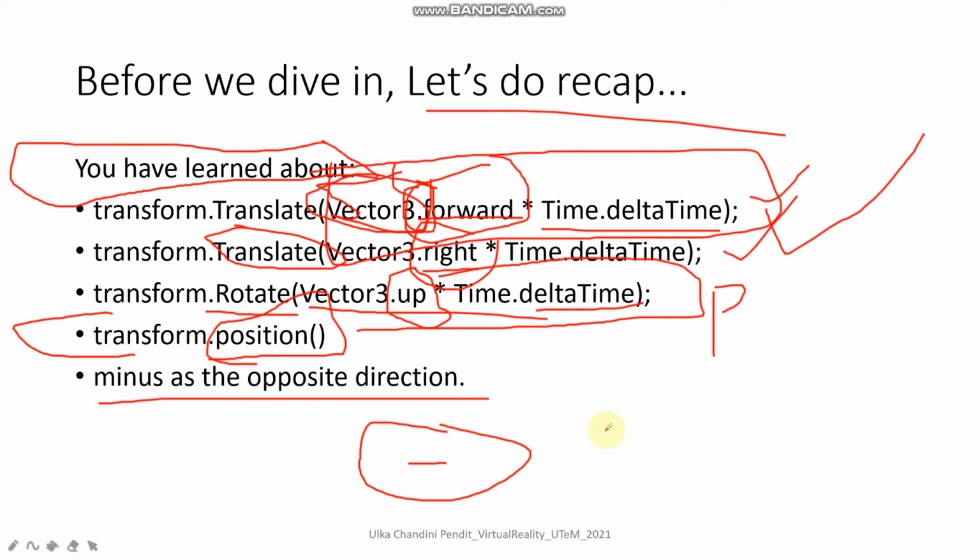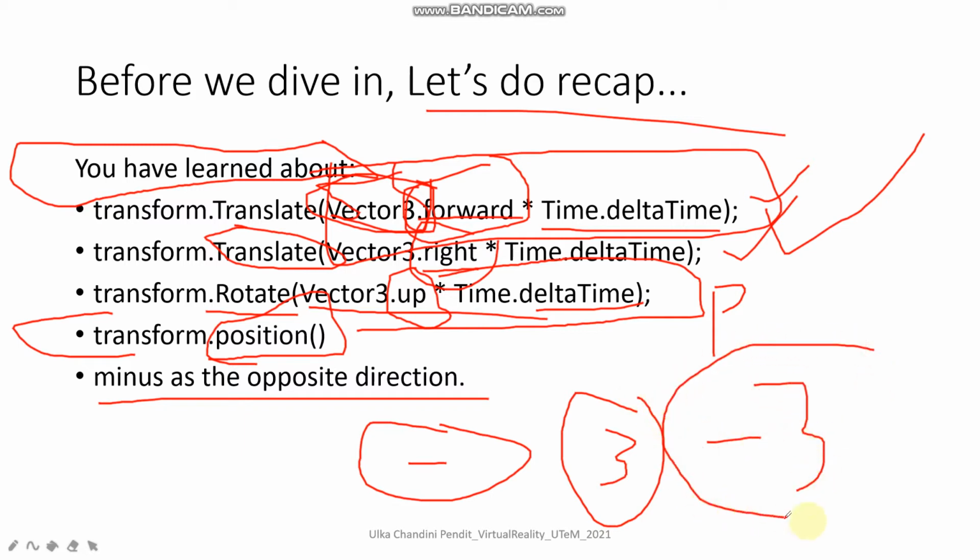As well, in Unity we don't have left or right. If you use 3, it will be going to the right, but if you write minus 3, it will be left. So we don't have left or right, but we put minus.